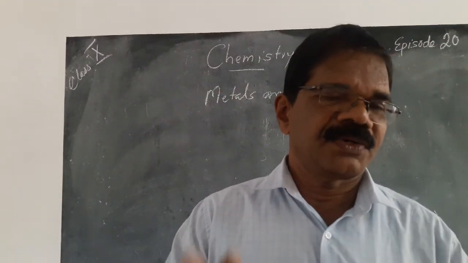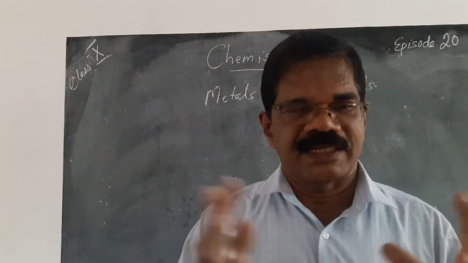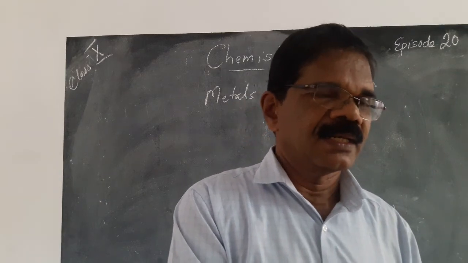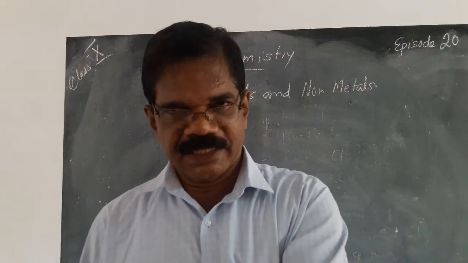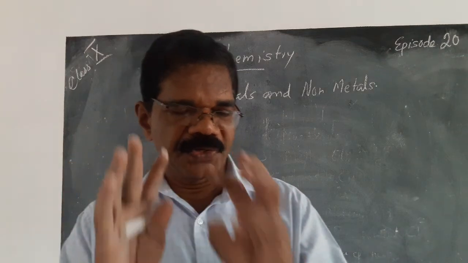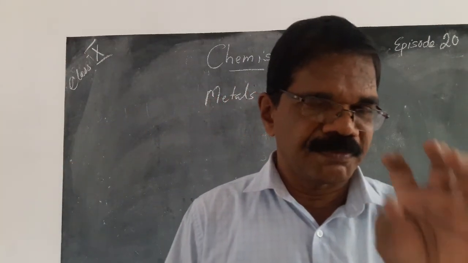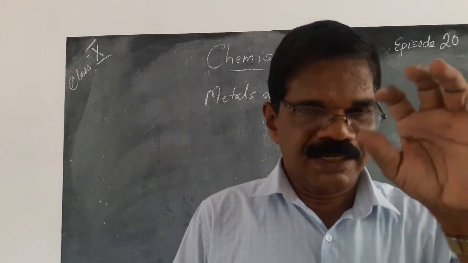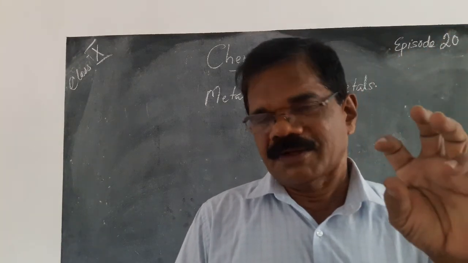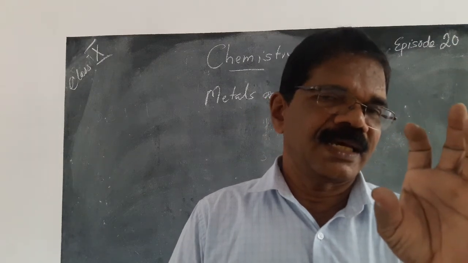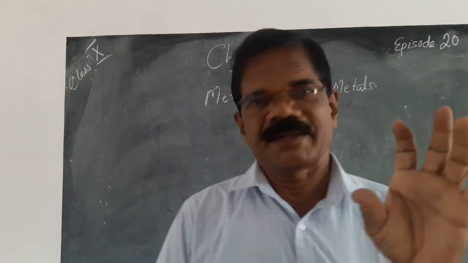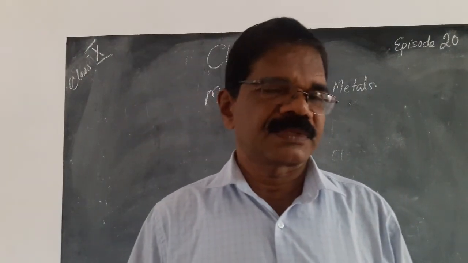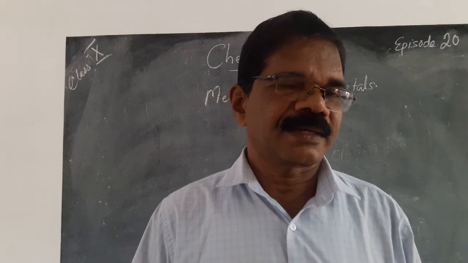So you can have a general comparison of the common properties of metals on one side and non-metals on the other side. First, we are going to compare the properties of metals and non-metals. Under the metals, we write the common metals you are familiar with, like iron, aluminum, etc. Under non-metals, you write the names of some elements like carbon, sulfur.